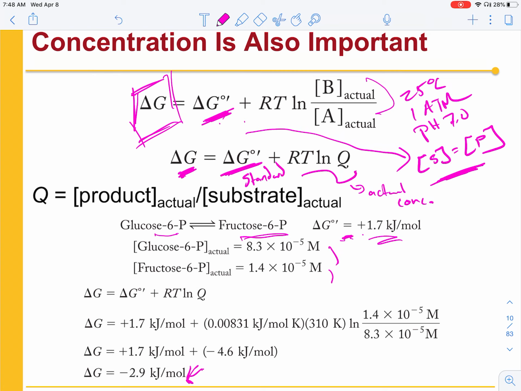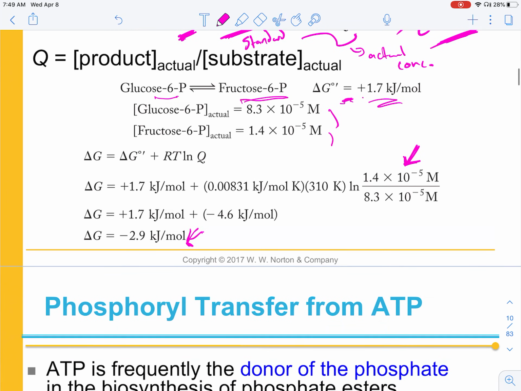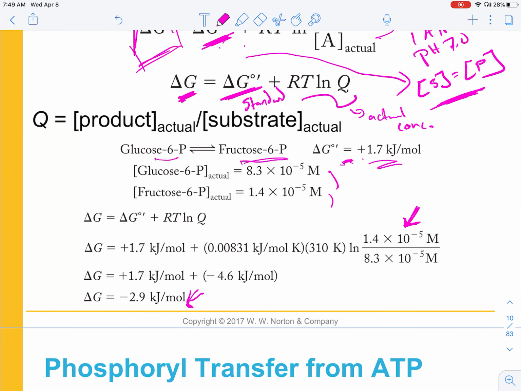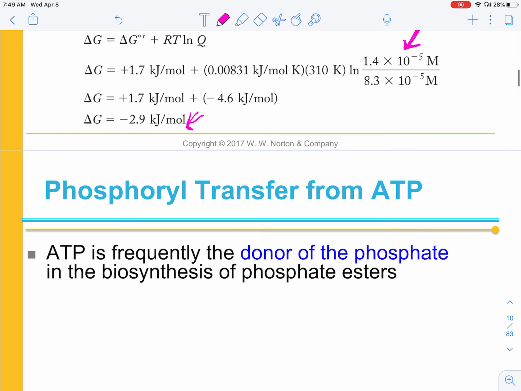Now, there are endergonic steps, and somehow the cell has to get through those processes. And oftentimes they do that by manipulating the concentration of products and reactants. And so if you can see in this, the way to do that is to keep the concentration of products artificially low somehow. Very important concept. I would kind of go back and repeat those last 2 minutes if you need to.